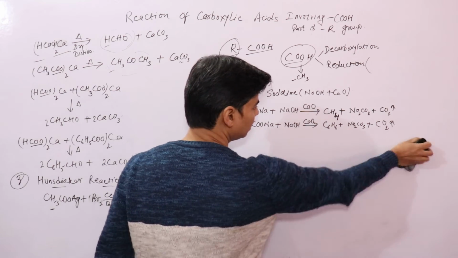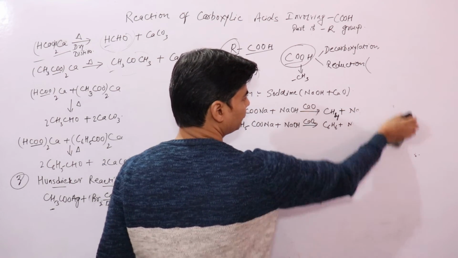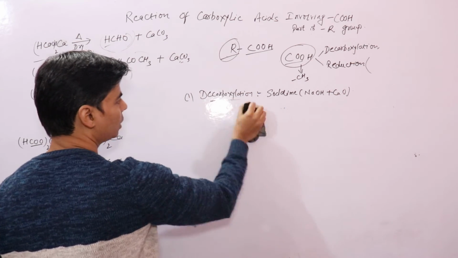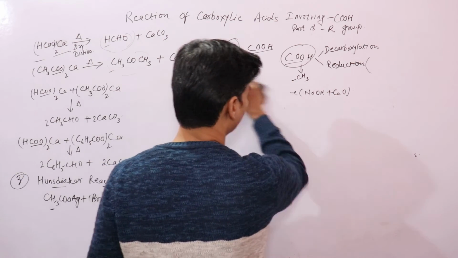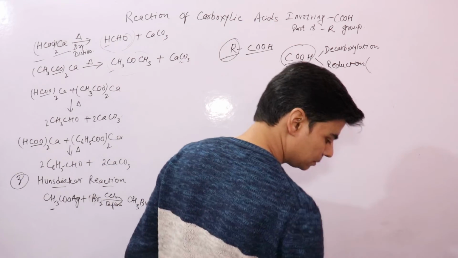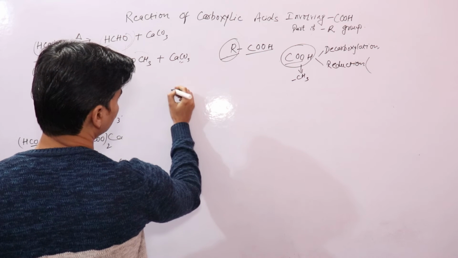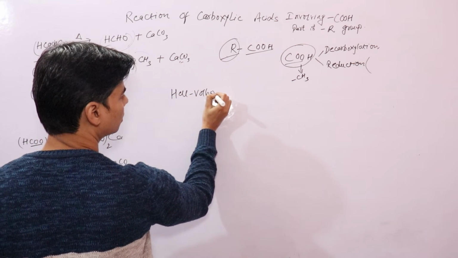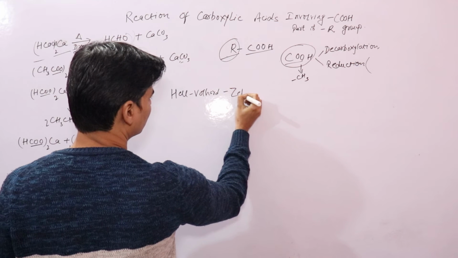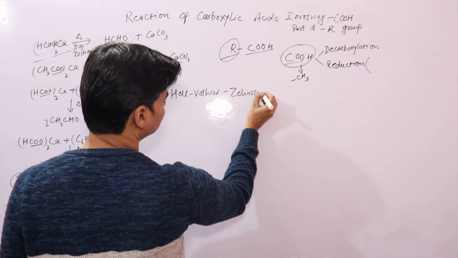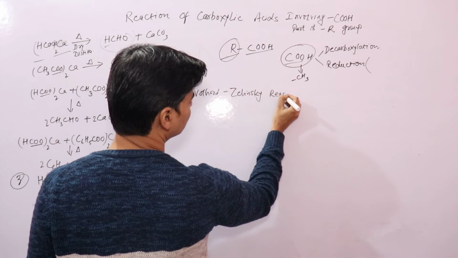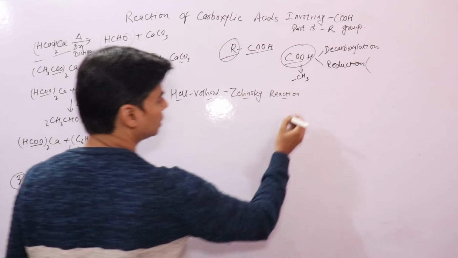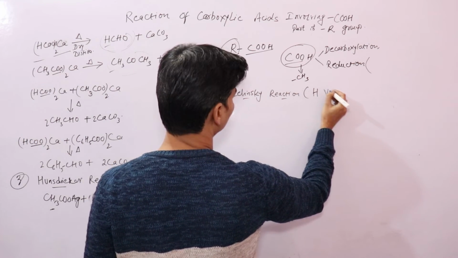This is your Hunsdiecker, and the other reaction would be your Hell-Volhard-Zelinsky reaction. Right? This is abbreviated as HVZ.